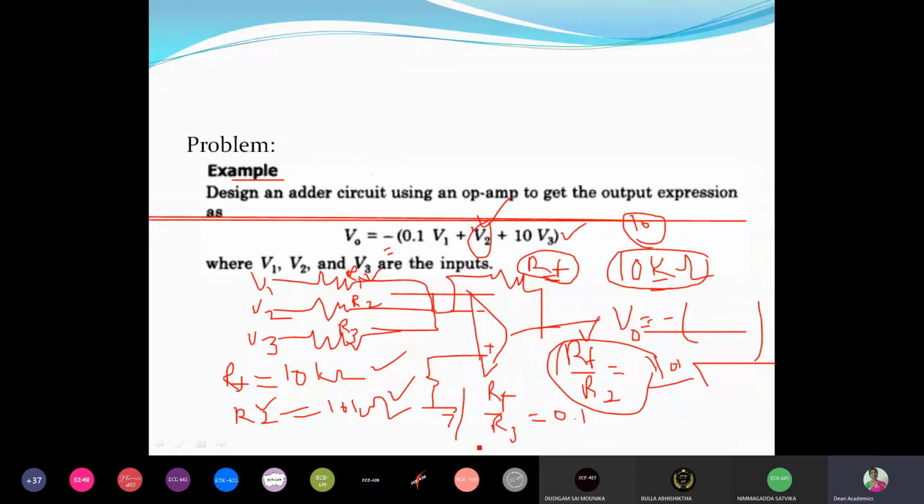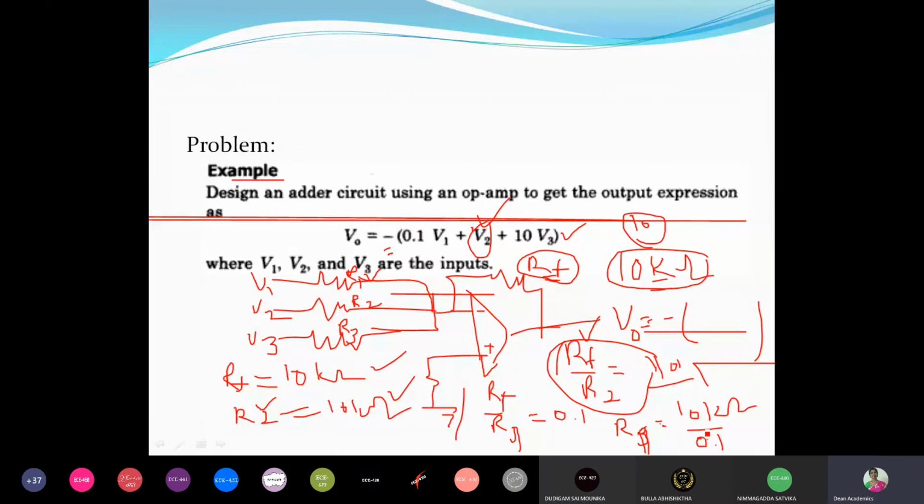R1 is equal to 10 kilo ohms divided by 0.1. 0.1 means into 10. So R1 is 100 kilo ohms. Did you get R1 as 100 kilo ohms or not? Yes, ma'am. Right.